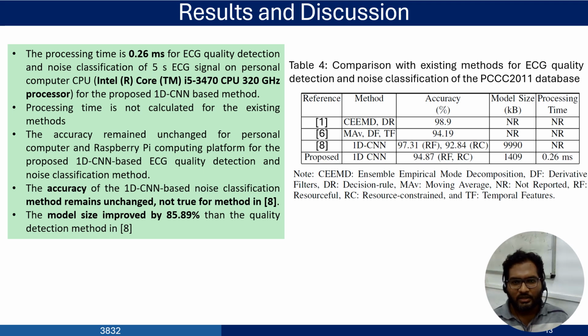In the same model, reference 8, we see that the accuracy of the model has decreased from 97.31 to 92.84 with the change in the computing platform from resourceful to resource constrained. But in our case, in both the resourceful and resource constrained platforms, we have seen no change in the accuracy performance.